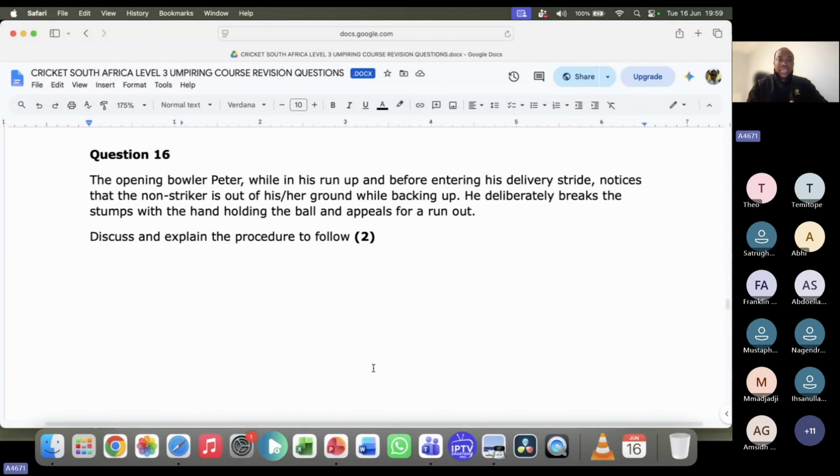That would be deliberately trying to steal ground, I would imagine, by the non-striker. But this is what the question is. Before entering his or her delivery stride, the bowler notices that the non-striker is out of his or her ground. He deliberately breaks the stumps with the hand holding the ball and appeals for a run-out.